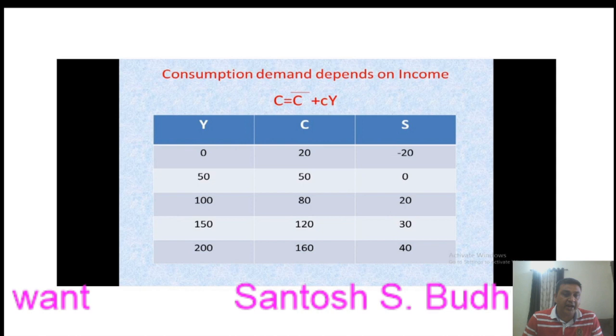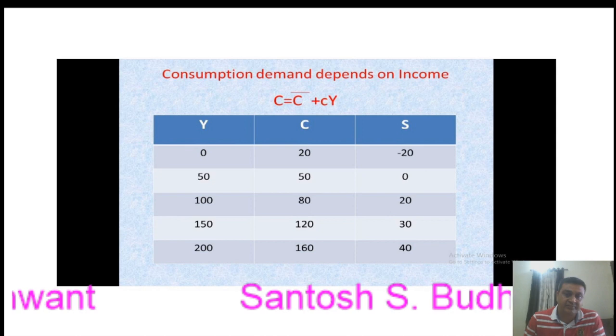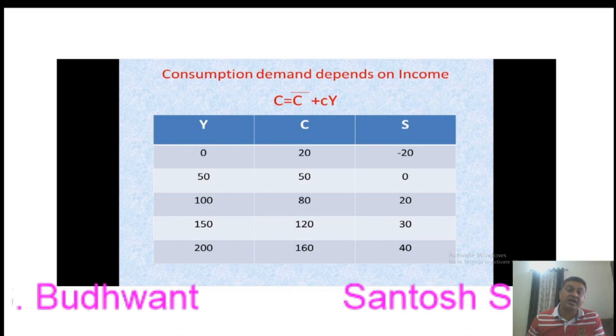If you observe, y is equal to c plus s, meaning income is distributed into consumption and saving. Consumption increases but at a decreasing ratio, and saving, which was negative when he had no income, now starts from minus or 0 and goes to 20, 30, 40. This means marginal propensity to save and marginal propensity to consume.